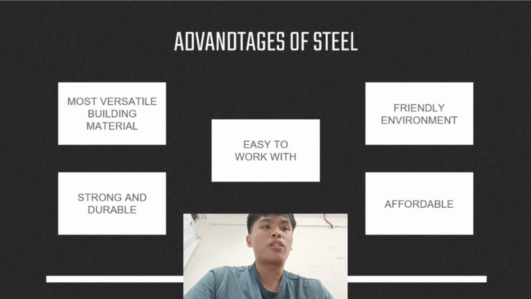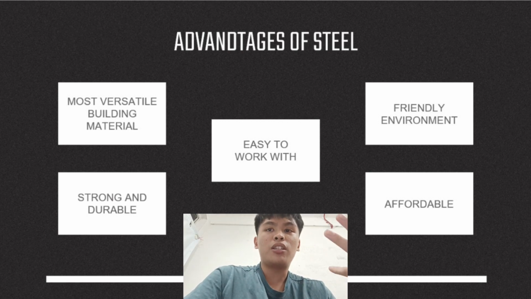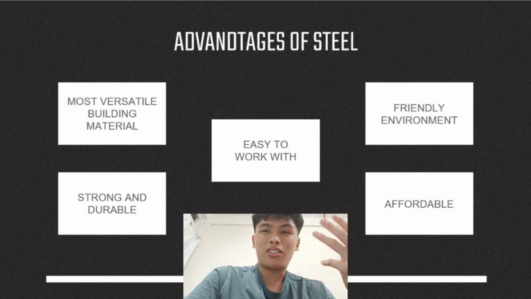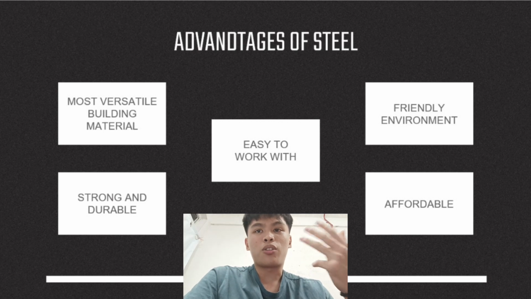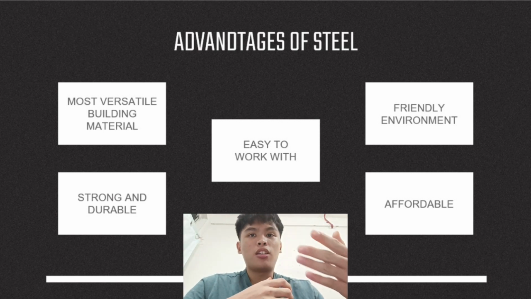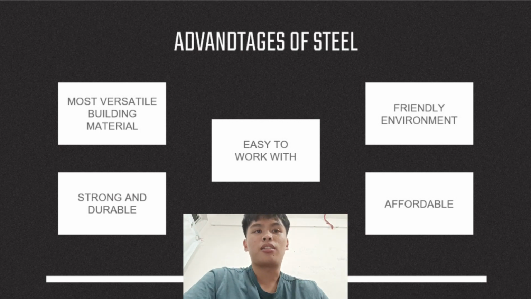And the third one is easy to work with. Steel is relatively easy to work with, which makes it a popular choice for construction projects. It can be cut, drilled, and welded into various shapes and sizes.